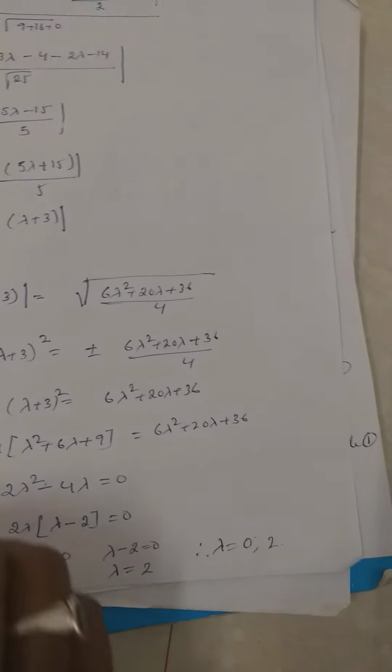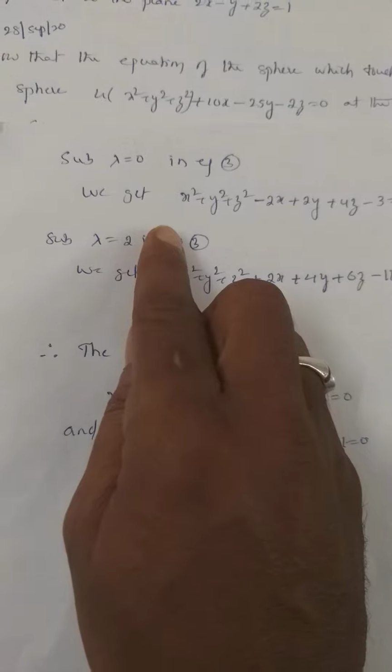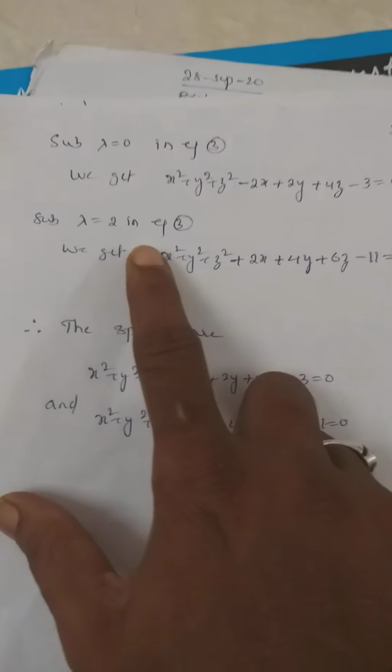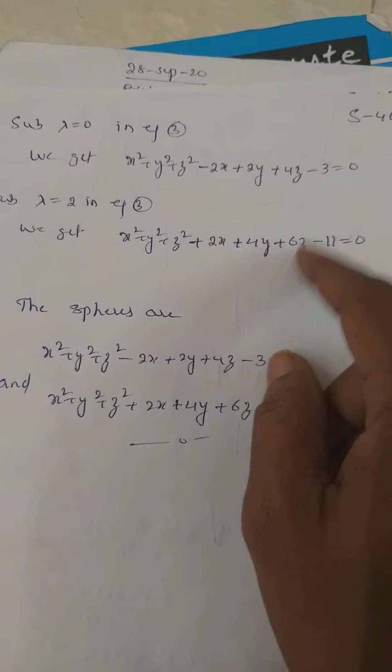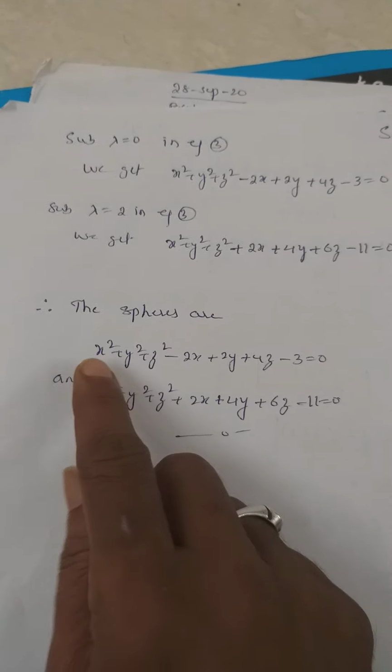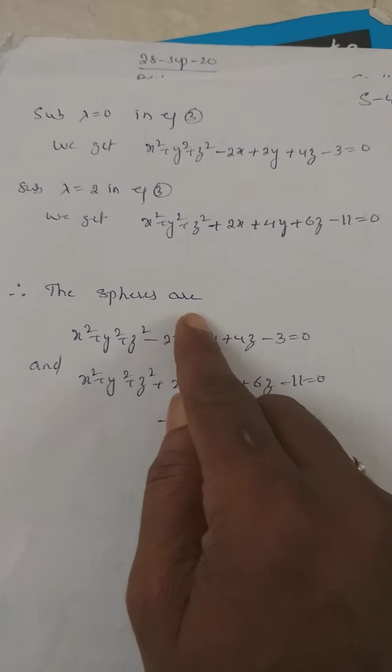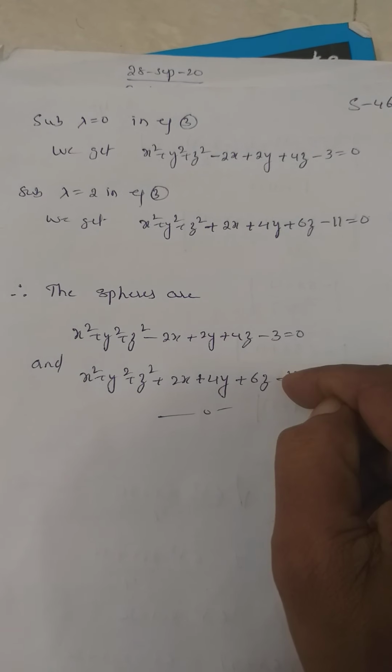Now we got two values for lambda. Now, same lambda, substitute lambda is equal to 0 in equation number 3, and lambda is equal to 2 in equation number 3. We got two equations for the sphere. Therefore, our required spheres are this one and this one.